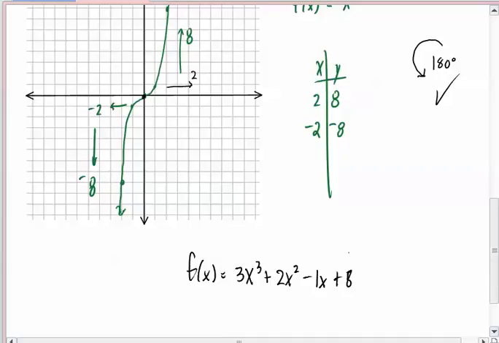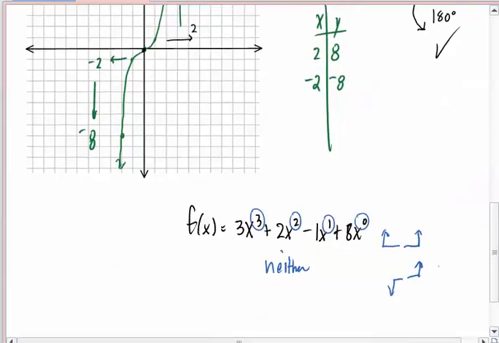Well, if I look at all of the exponents here, the powers the variable is raised to, I have a mixed bag. I have odd, even, odd, even, and so this one would be neither. Because it's not going to give me the situation like a butterfly, and it's not going to give me the situation like a windmill. So it's going to be neither.